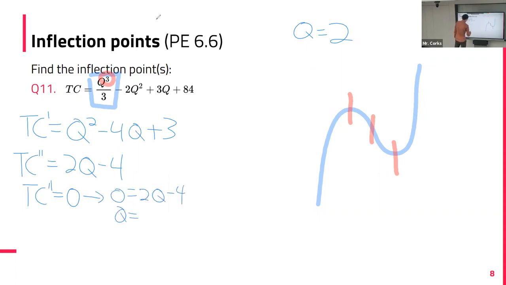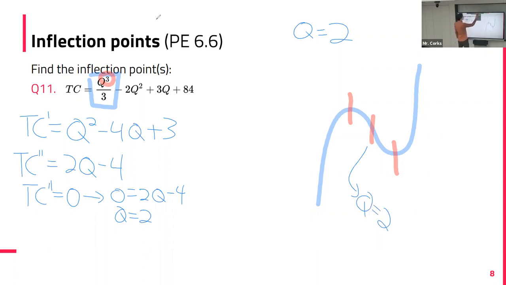Very easy to solve. Q equals 2. So finding these inflection points often isn't actually that bad because our function here is Q cubed, and by the time we do 2 derivatives, there's no more exponent here. It's just Q, or exponent of 1. So pretty easy to solve. So Q equals 2. We have an inflection point here.